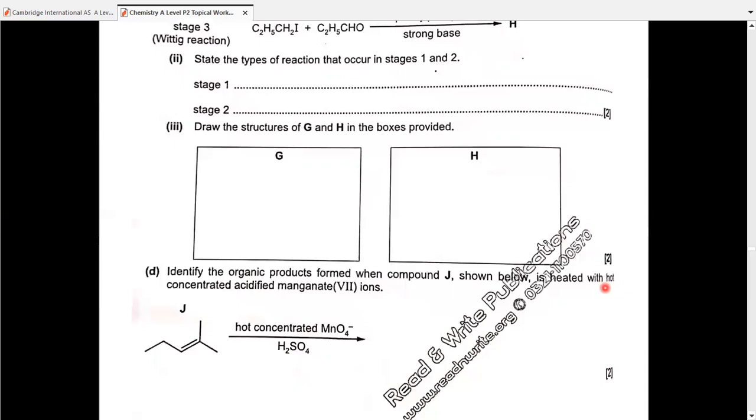Now, this is an alkene, and depending upon the groups attached to the doubly bonded carbon atoms, it gives you different products under harsher conditions, such as hot concentrated acidified manganate(VII) ions. So will a ketone be formed? But you're supposed to identify the organic product, which means the exact formula. Yes.